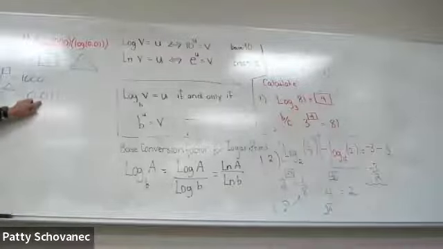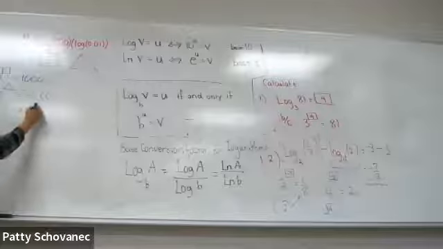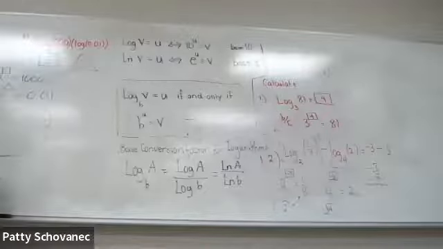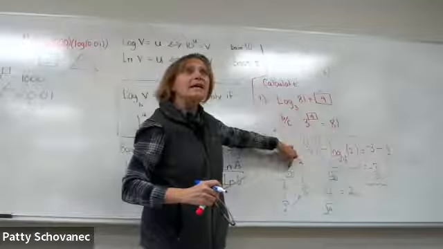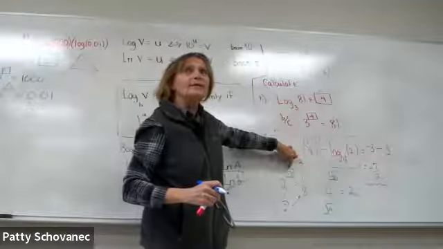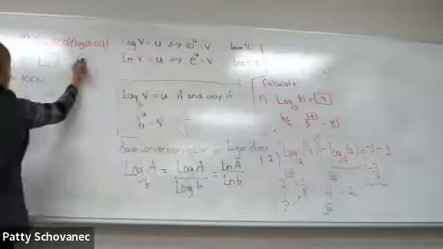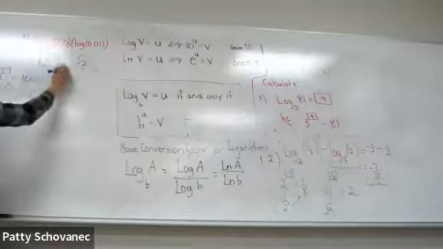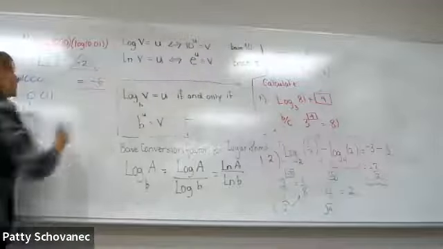But if you read that, that's the same as 1 over 100. So if you're into fractions, do what we did over here. 100 is 10 squared, so 1 over 100 is 10 to the negative 2. So this is negative 2. 3 times negative 2 gives us negative 6.